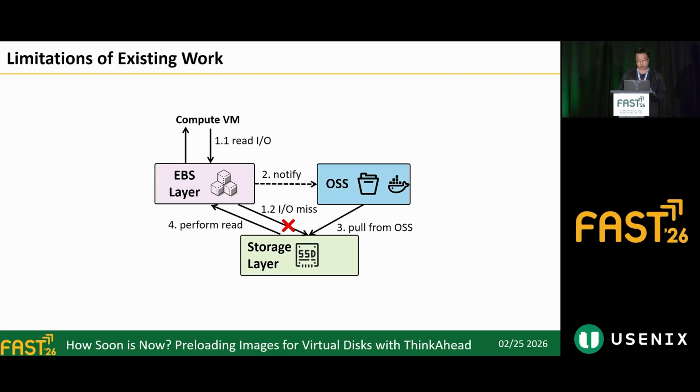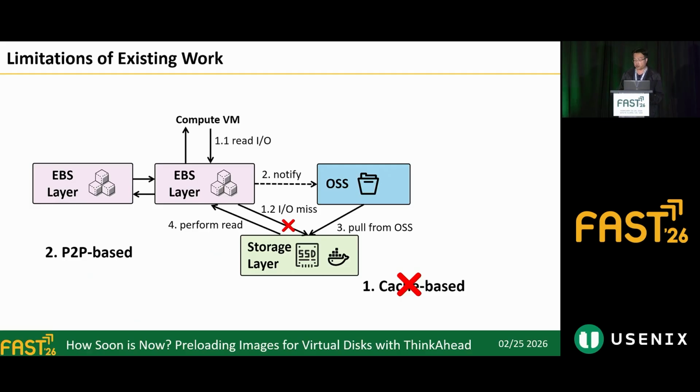In fact, this problem could be viewed as the cold start problem in image loading, and there are many solutions addressing this. Some are cache-based, but as I said, the images are so diverse that you can't really get all the images and cache them in the storage layer, so it's not very feasible. Another approach is peer-to-peer, letting the block nodes coordinate together, just like BitTorrent.